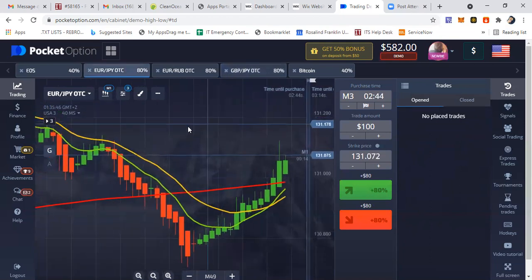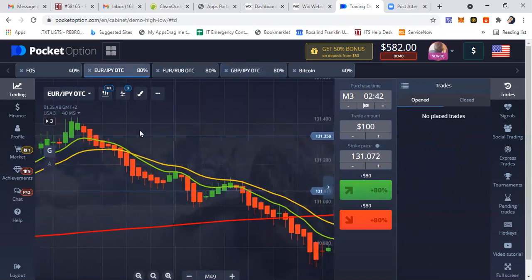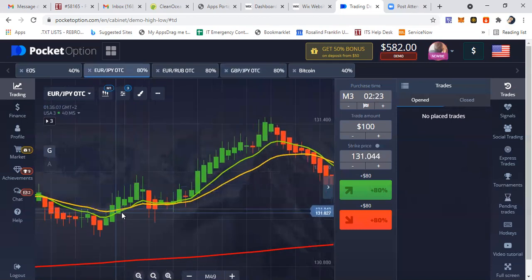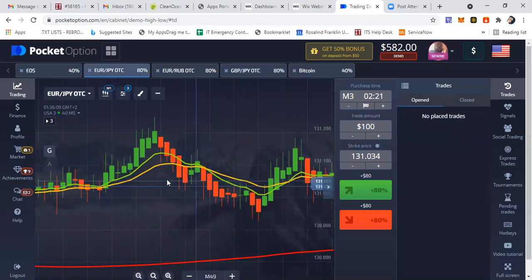But if you look at what I'm saying, the pairs here, like Euro/JPY, crossover, entry, boom, right? Crossover. This wasn't good right here. This wasn't good at all. Bad entry, no entry here, right?